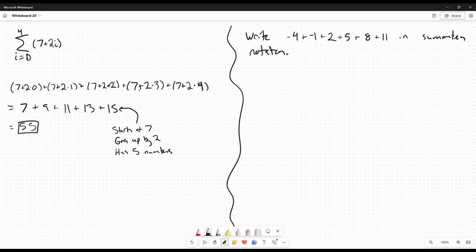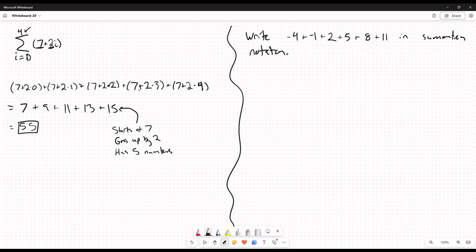Well, this starting at 7 represents the constant term that we had in the expression that we were summing. Going up by 2, that was the coefficient in front of i. And it had 5 numbers. Well, 5 didn't show up, but we did sum the numbers from 0 to 4.